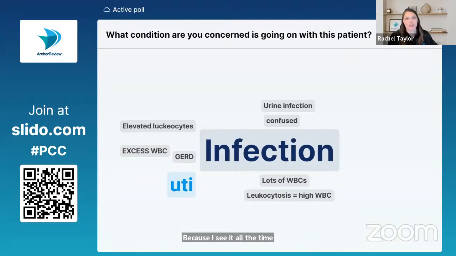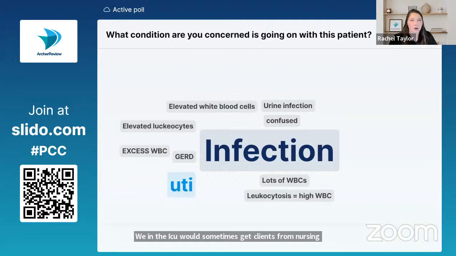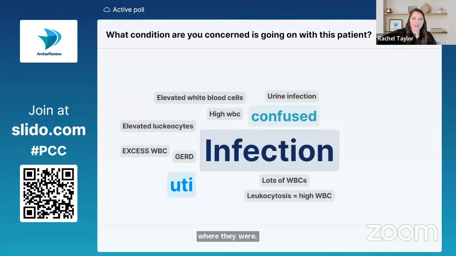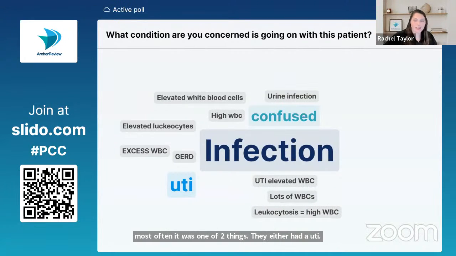In the ICU we would sometimes get clients as direct admits from nursing homes, and they would go from being completely alert and oriented to, by the time they got to me, not knowing who they were or where they were. Most often it was one of two things: they either had a UTI or their sodium level was really off. In those two cases, which I saw often in the elderly, we would see this massive confusion.